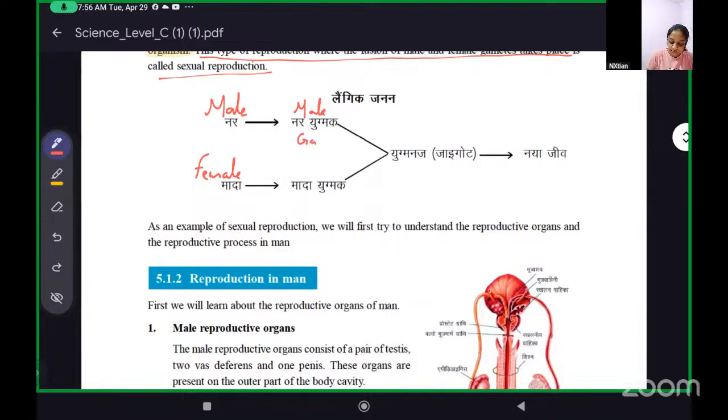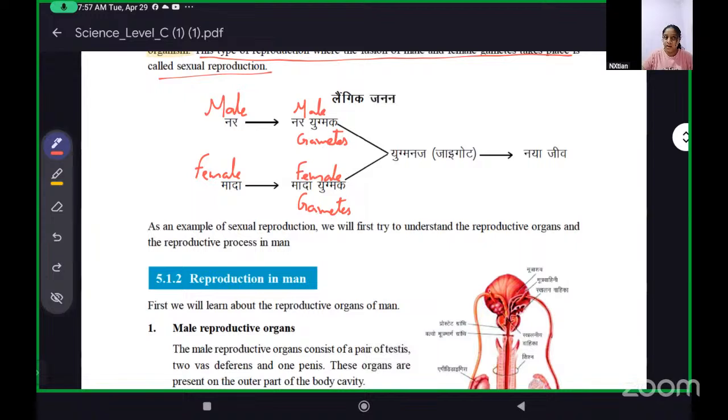Ma'am, you'll be taking a test of both of the chapters together or one by one? Which two chapters? Chapter 4 and 5. I'm thinking first I'll take separate tests of both.